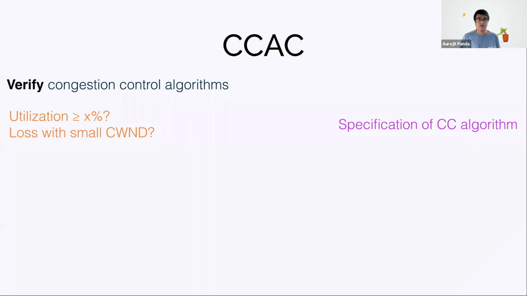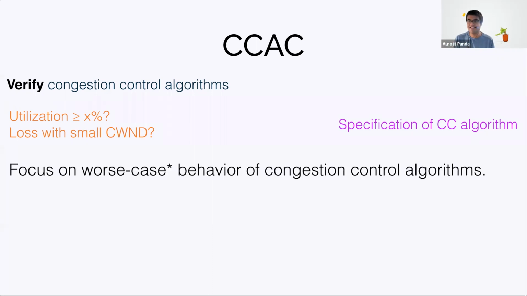Now, how do they go about doing this, or what are the main things they make? The first insight they have is that rather than focusing on behavior in some probabilistic model, they just look at the worst case behavior. You might notice there's an asterisk next to the worst case. That's because it's pseudo worst case. There are certain loss conditions that they don't consider because they say, well, every congestion control algorithm does poorly there.